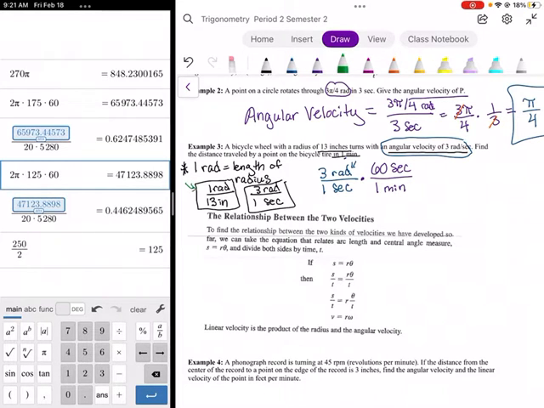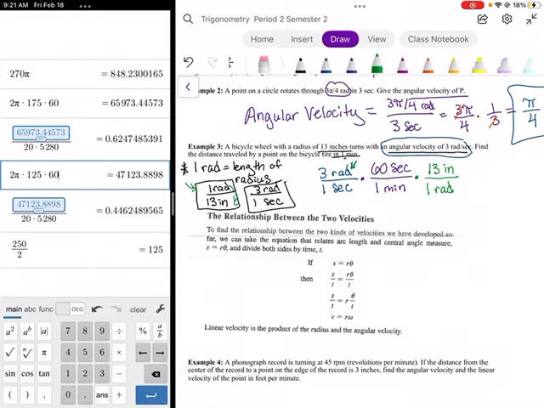So we're going to multiply by our unit converter for radians and inches. But notice the radians in our problem is on top. So we need that radians to be on the bottom of our unit converter so that the units cancel out with each other. So we're just going to flip that over to put 13 inches over 1 radian.